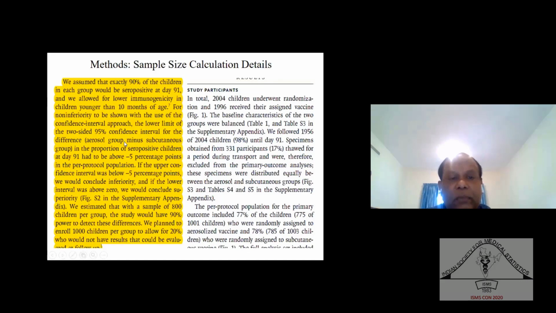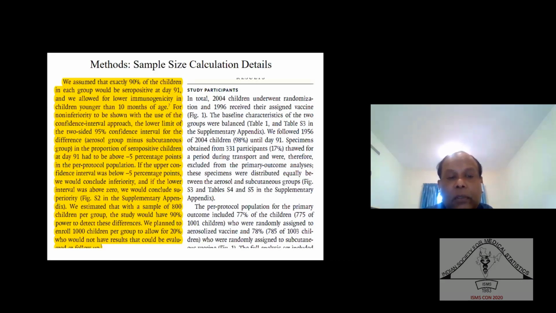The outcome was measured after 91 days, seropositive children. So they put the non-inferiority margin of 5%. Why non-inferiority? Because with the aerosolized form, you waste a lot of vaccine, because you just push the vaccine in and it goes waste. It goes outside the nostril, and therefore we decided to have a non-inferiority design with the non-inferiority margin of 5%.